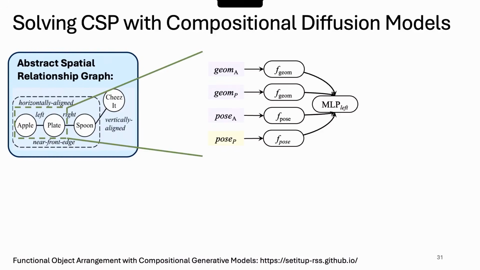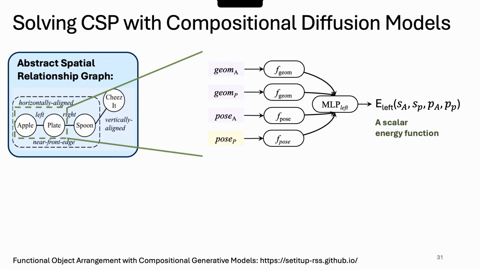For people who are not familiar with that, you can think of a diffusion model as taking as input the pose of objects and the shape of objects, and outputting an energy value. Sorry, by the way, this is not a class, this is not the very standard formulation of diffusion models, but I will soon talk about the relation between them. For now, for a minute, think of a scalar energy function that quantifies how well my input, which is the shape and the pose, satisfies this constraint, which is A is left of B.